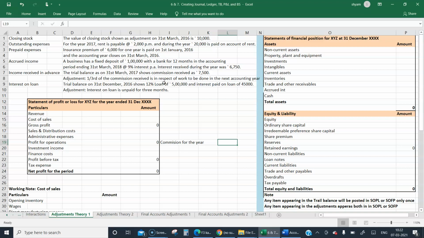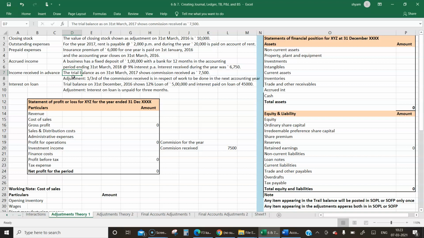It shows that the total commission received has been 7,500.